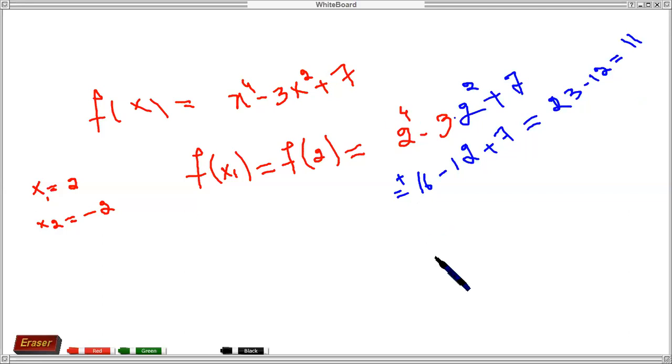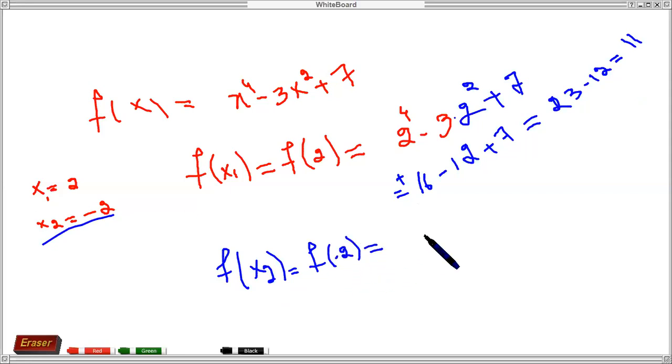Same, select x2 now. So we have f of x2, it means f of minus 2. So now we have minus 2 power 4 minus 3 times minus 2 square, and plus 7.